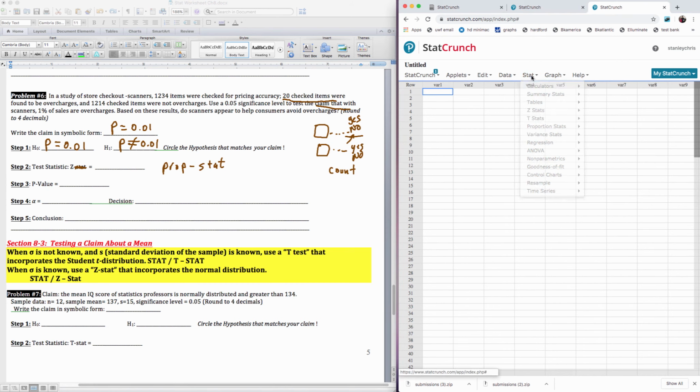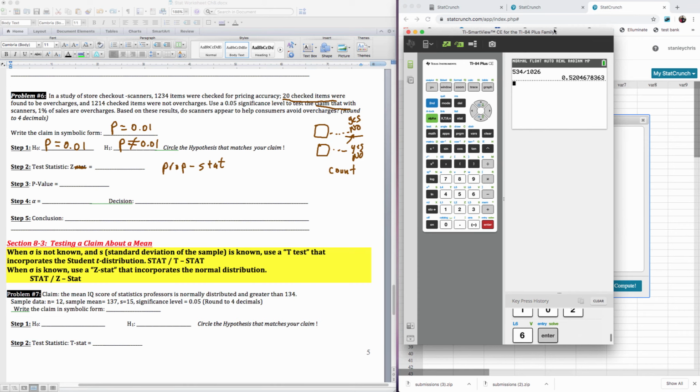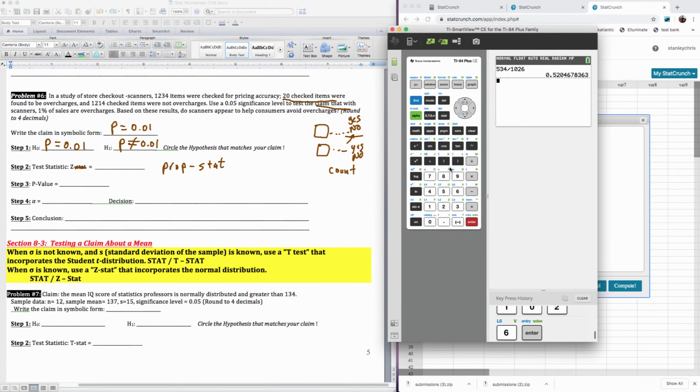Get rid of that. So stat. The successes in this case are how many were overcharged, which was 20. Actually, before that, let me figure out what that percentage is, just so I have an idea. They ran 1,234, and 20 of them were overcharges.